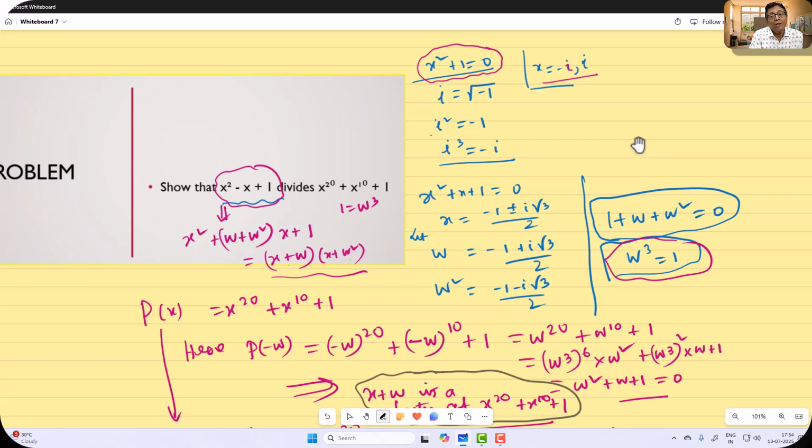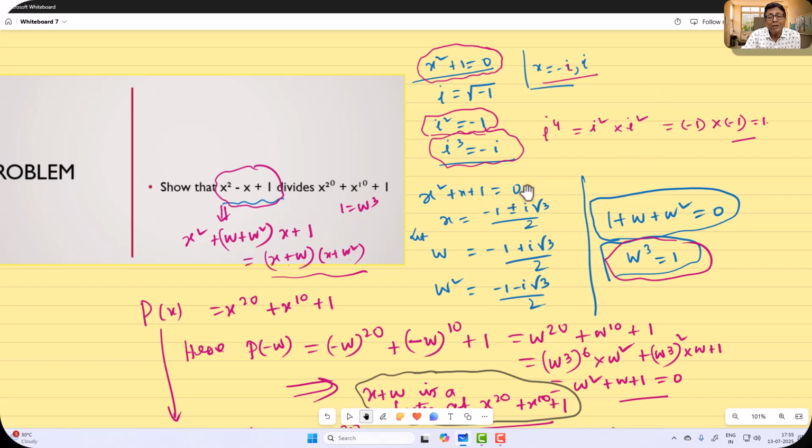And powers of i are what? i square will be minus 1, i cube will be i square into i, minus i, i to the power 4 will be i square into i square, this is equal to 1. So this i is called the imaginary number. We will be doing more applications of imaginary numbers when we find the roots of an equation.